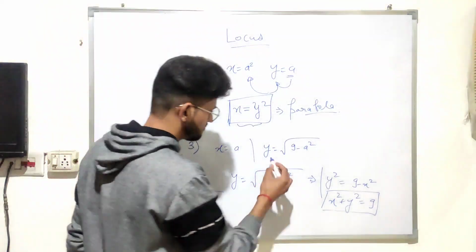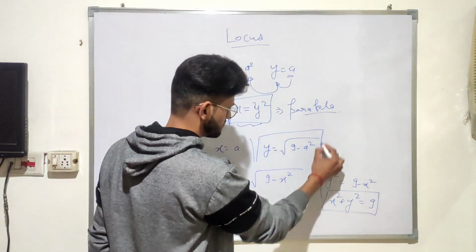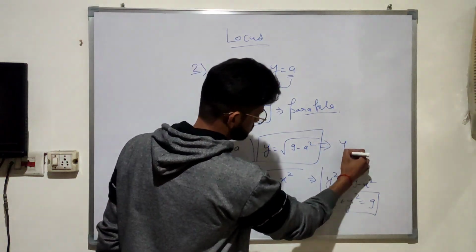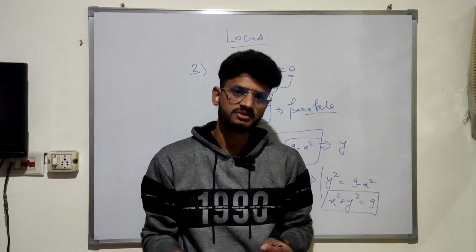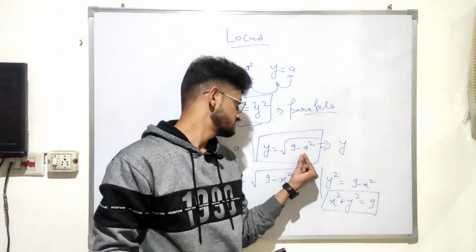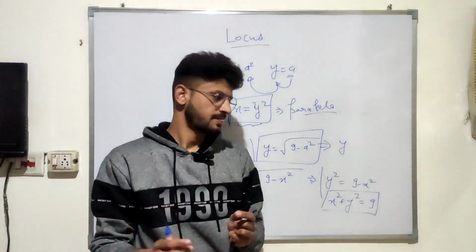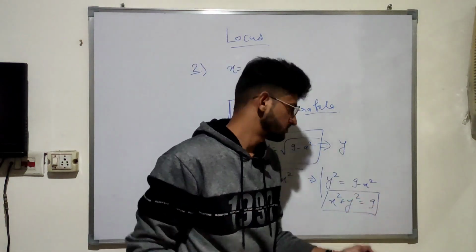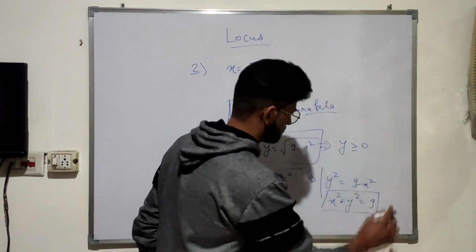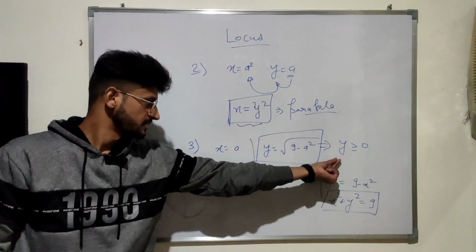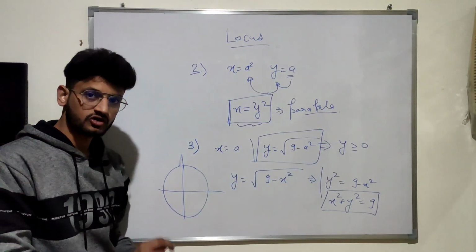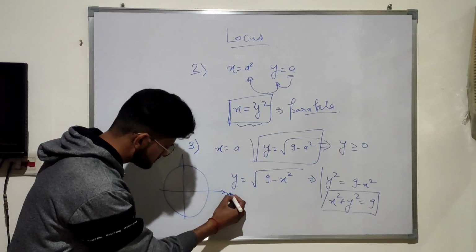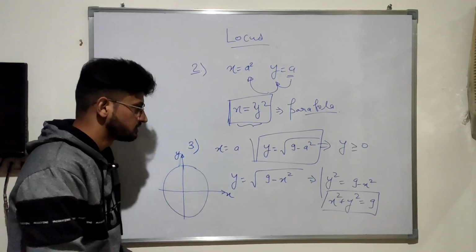So basically, the important point is the condition given to us. This condition implies that y is equal to root over 9 minus a square, which means y is always going to be positive, because the right-hand side is a root, and the value of a root is never going to be negative. So y is always positive. So if y is always positive, then from this graph we can clearly say that y is never going to be negative. This is the x-axis and this is the y-axis.